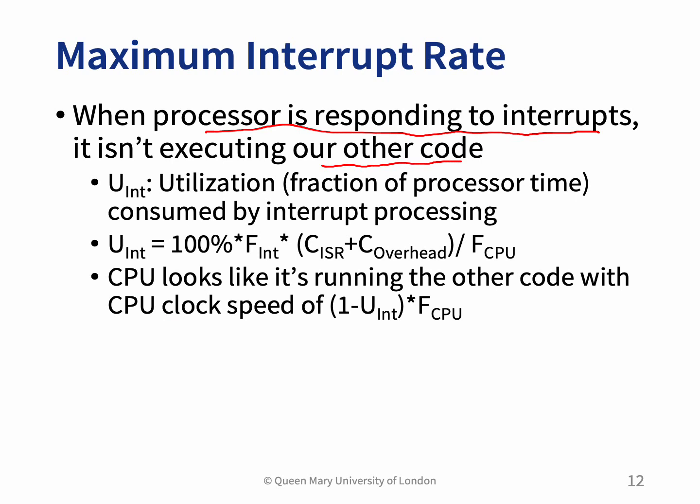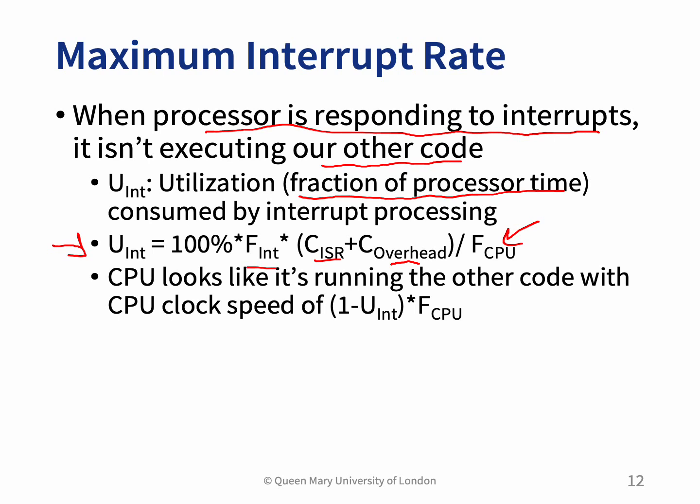So how we can calculate the utilization, which is the fraction of the processor's time consumed by the interrupt processing. This is the formula to calculate it, right? You can see we have to calculate the cycles for the ISR and the overhead. And of course, we have to include the frequency of the CPU and also the interrupt frequency, right?